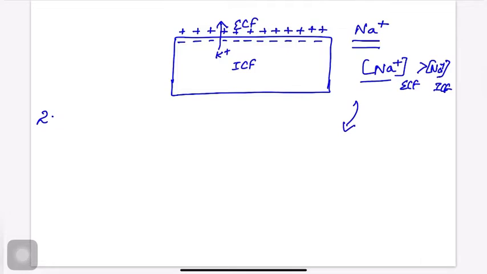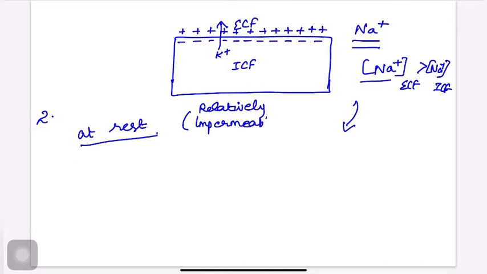But at rest, as the membrane is relatively impermeable to sodium, not completely impermeable, the potassium loss cannot be counterbalanced by the sodium intake. So it also helps to generate the negativity inside the cell.